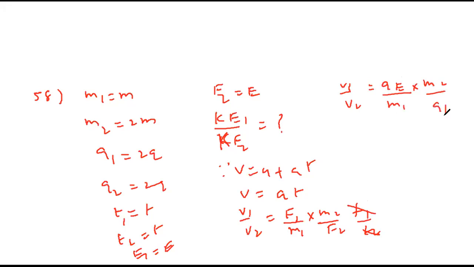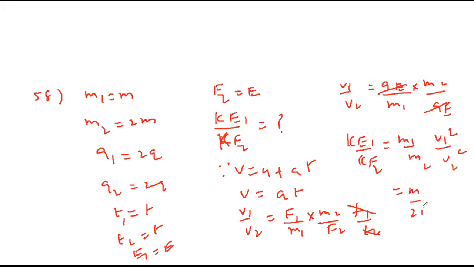Force is same because E is same and charge is same. So qE cancels, and V1 upon V2 we are getting m2 by m1. Now kinetic energy ratio of first with second is m1 upon m2 into V1 square upon V2 square.